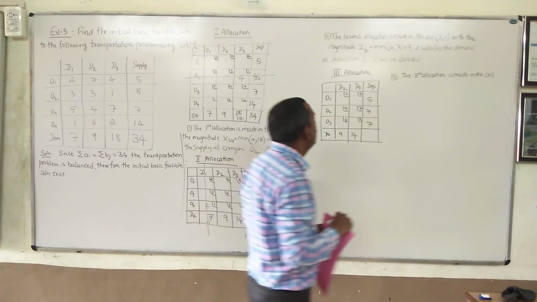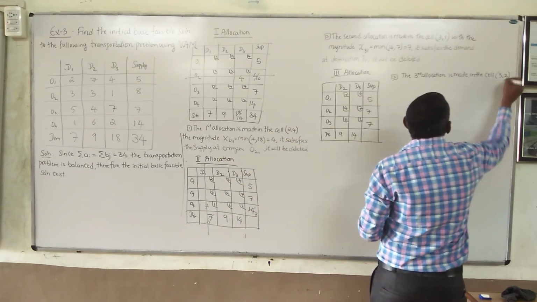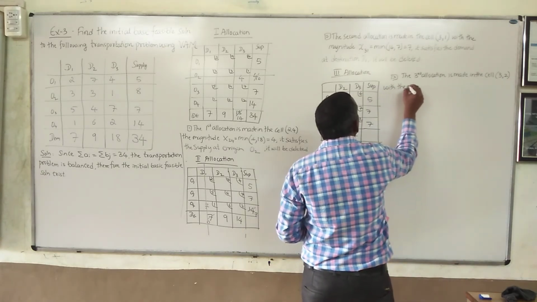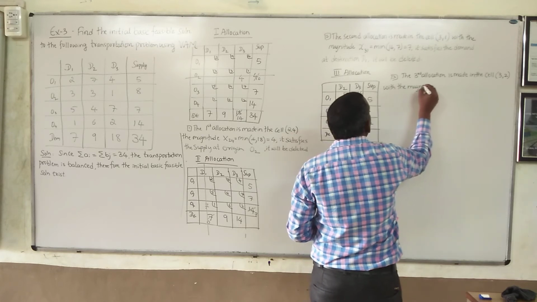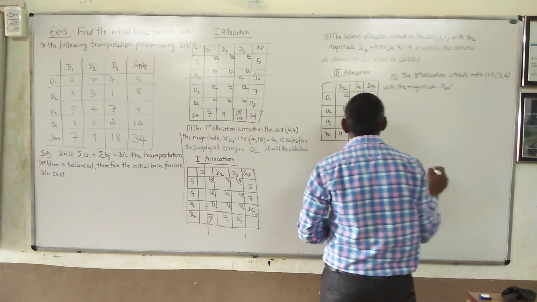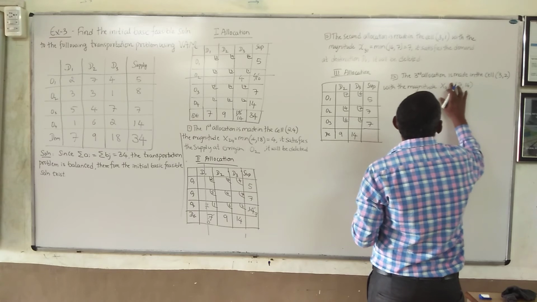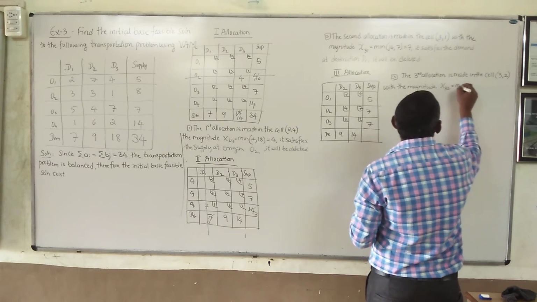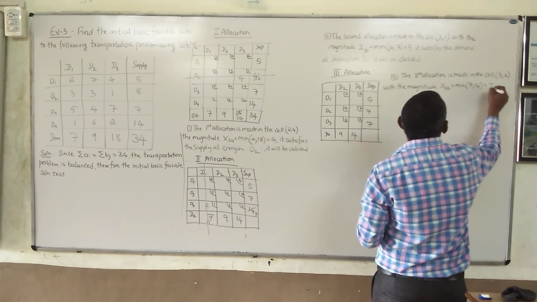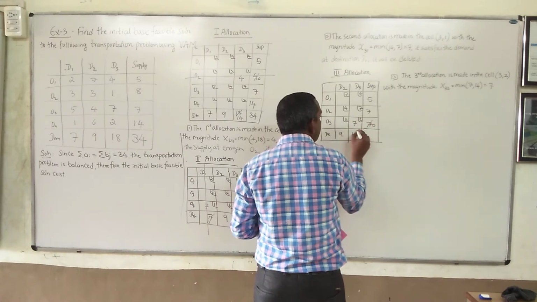That is 3, 2, with the magnitude x32 is equal to, what is the magnitude? Minimum of 7 comma 14, that is equal to 7. What happens here? Let me write 7 here. This gets 0 and this is 7.